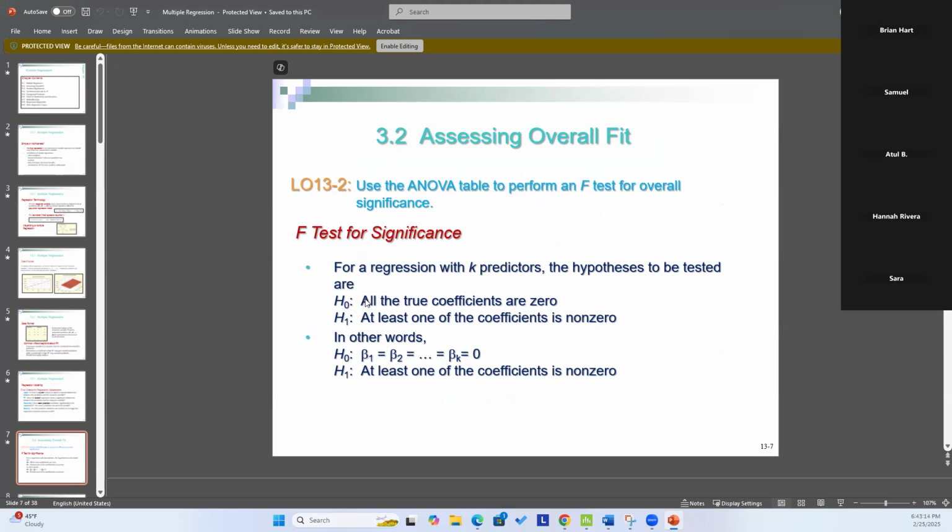If all are zero, our model will be useless. The alternative says at least one coefficient is non-zero.